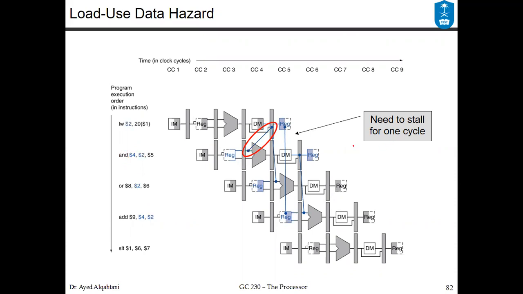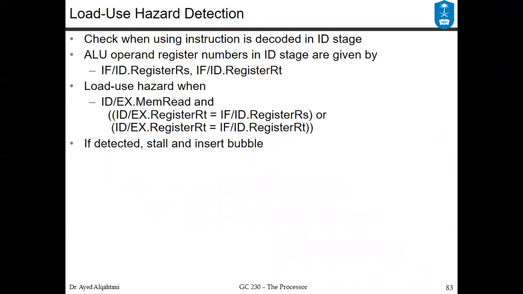So now we need to update our hardware a little bit more to make sure of this case. When we have a load followed by an R-type, we don't only forward, we forward and also add a stall cycle. So you check when using an instruction is decoded in the ID stage. The ALU operand register numbers in the ID stage are given by the RS and the RT, as we know. So these are the source registers, RS and RT.